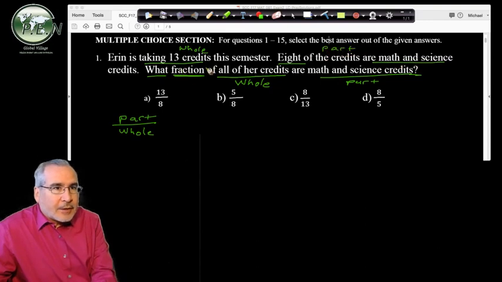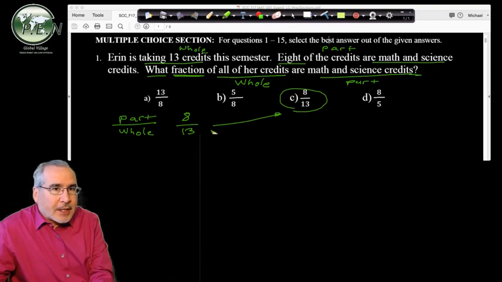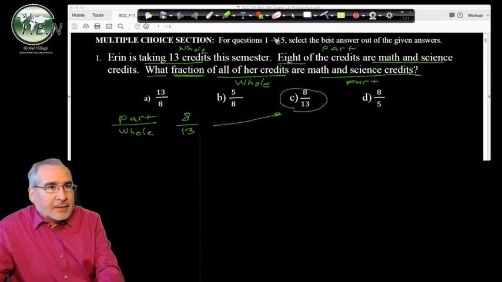Now we've identified our whole and our part. We put the part on top. We put the whole on the bottom. We reduce if we can, but we can't, and we see our answer right here at C. And it's just like that. If we reduce, we would do that, but that's it, part over whole. Okay, so that's the first question.